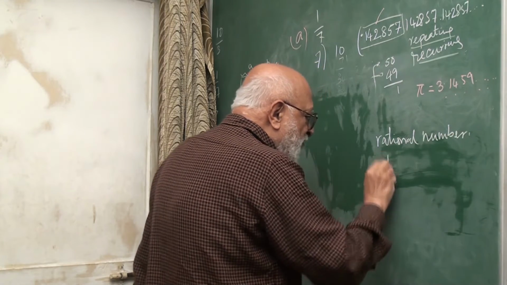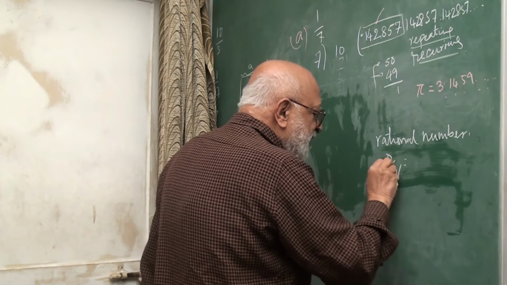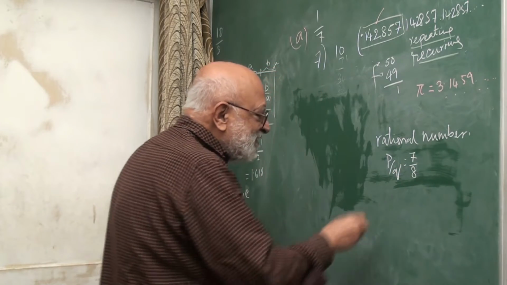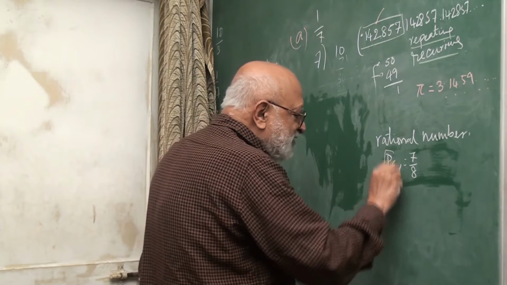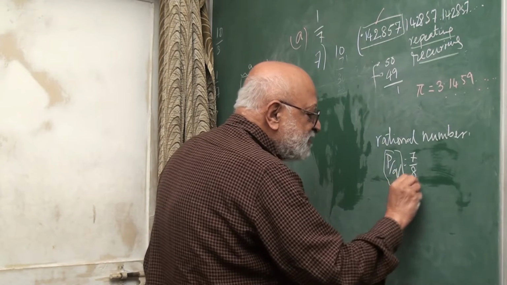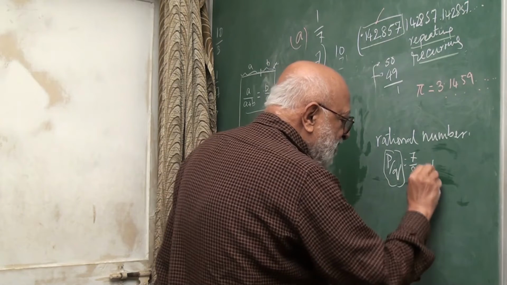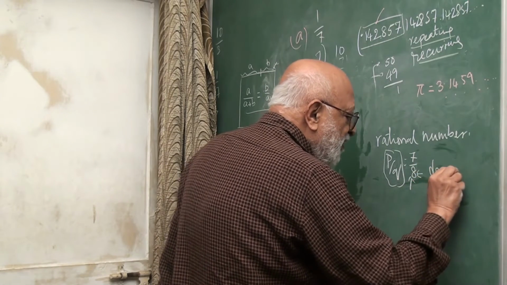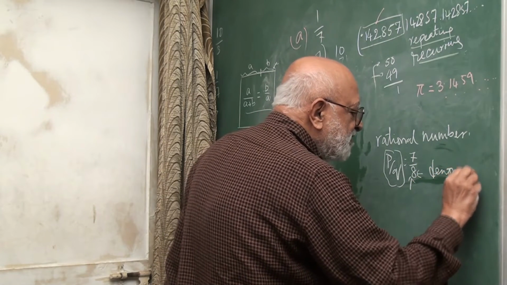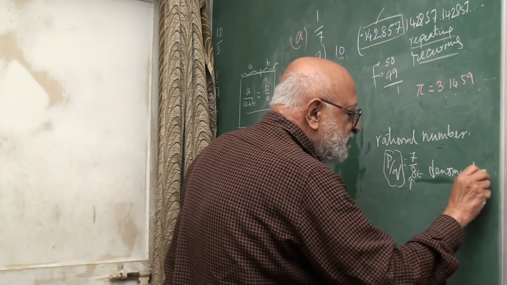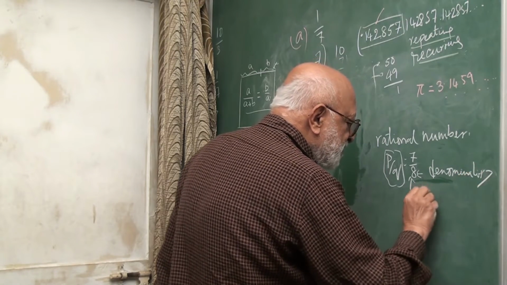They are in the form of p by q, that is p equal to 7, q equal to 8. To be a fraction, this denominator should be greater than the numerator.